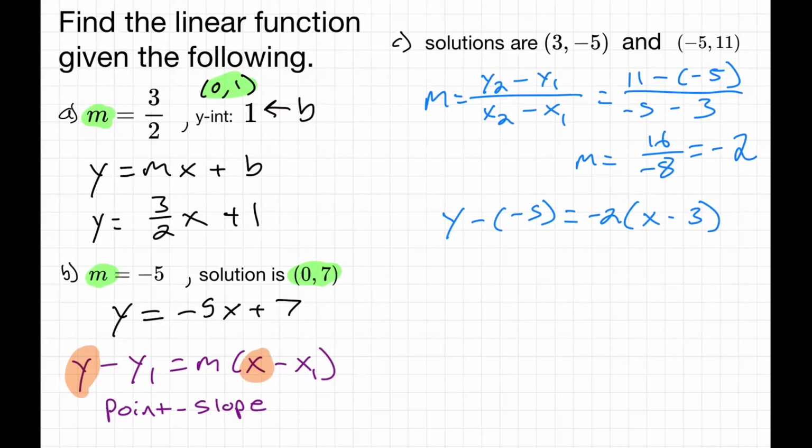Okay. So with that said, though, we do need to solve for y. So change our sign on the 5, distribute the -2, and then lastly, subtract the 5. And at that point, we have all that we need.